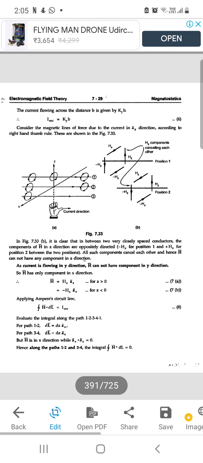For path 1 to 2 dl is dz, and for path 3 to 4 dl is dz. While you take H dot dl, you will have a term ax dot az. Since H is Hx ax and dl is dz az, for paths 1 to 2 and 3 to 4 our line integral term becomes 0. That is, H dot dl will be equal to 0.